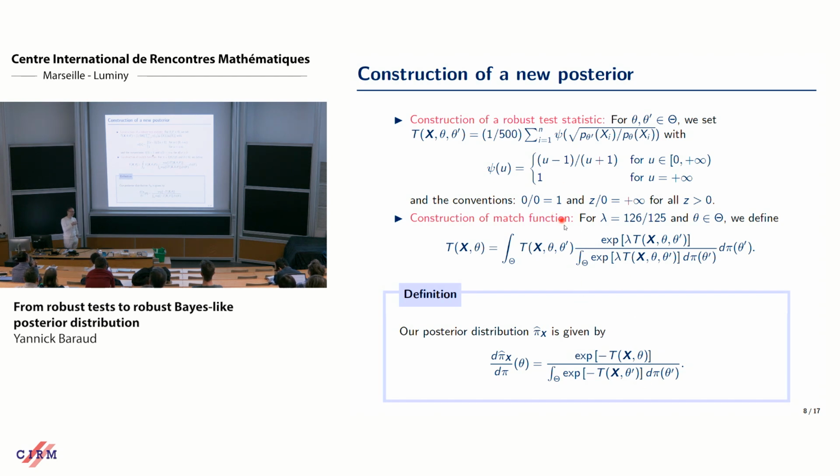If you change the numerical constant, you will end up with what people doing Bayesian statistics call the fractional Bayesian posterior distribution, which is actually the likelihood function up to some power. It was studied some years ago in order to get more robustness about the posterior. But what we do here is that not only do we have a numerical constant, but we change this logarithm with this function psi, which is bounded and mimics the logarithm.